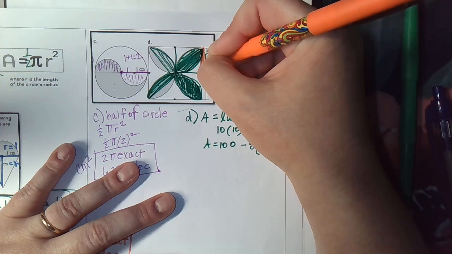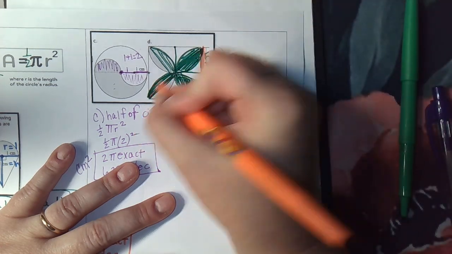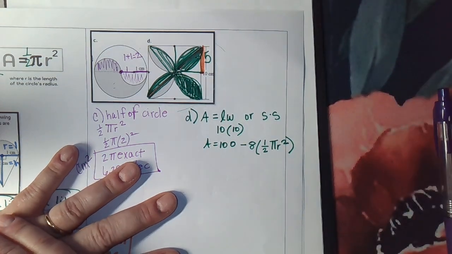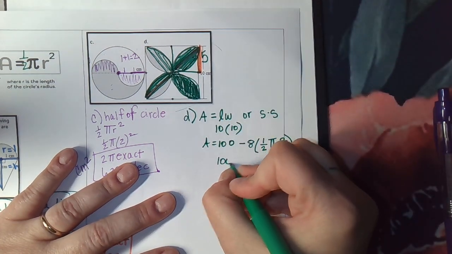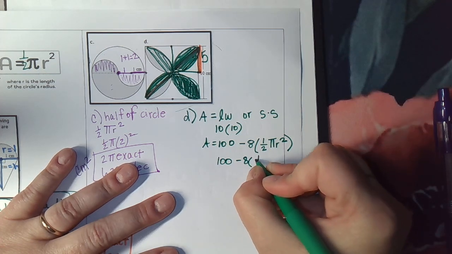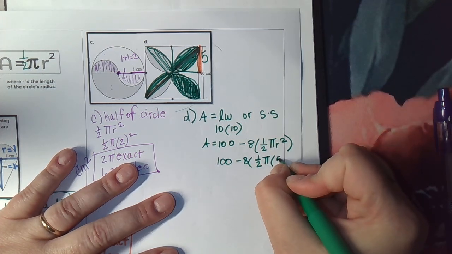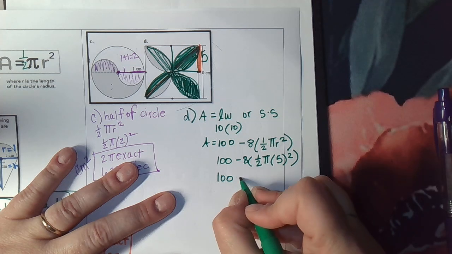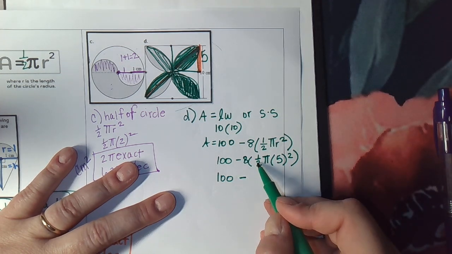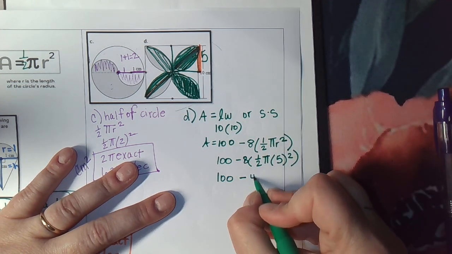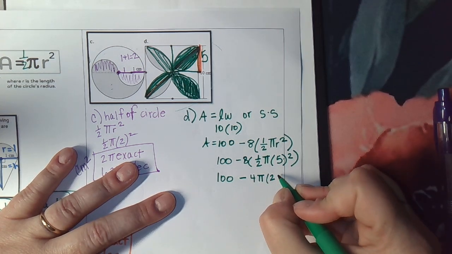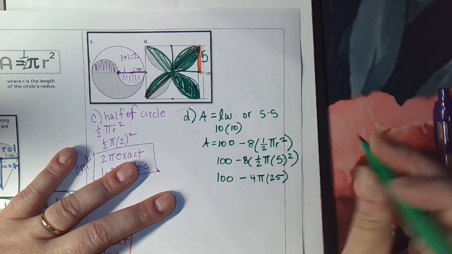So we're going to say 100 minus 8 times 1/2 pi, and then 5 squared. So let's see what this is going to give me. 100 minus, what's 8 times 1/2? That's 4 pi. And then what's 5 squared? That's 25 pi. This is wrong.